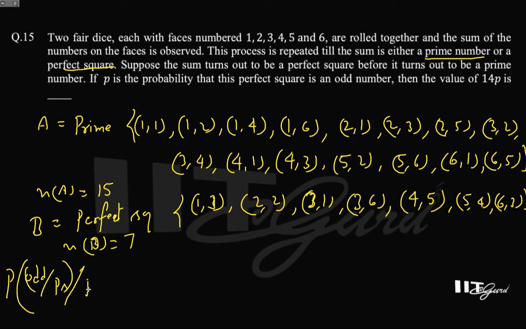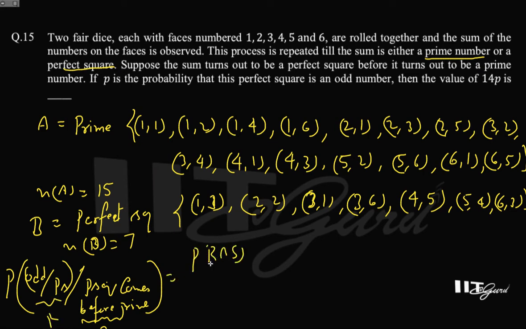So what do you have to find? The probability of odd perfect square under the condition that a perfect square comes before prime. So let this be S, and this be R. We have to find the probability of R intersection S upon probability of S, and that is the conditional probability.